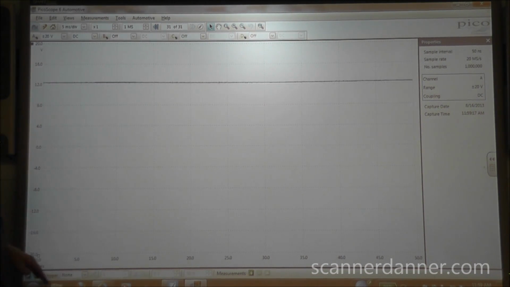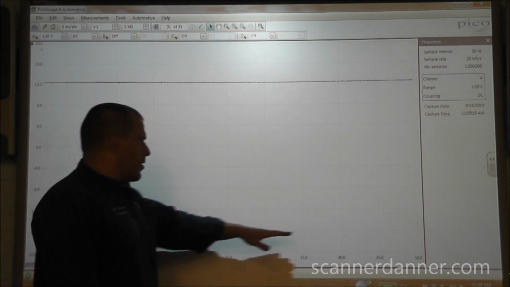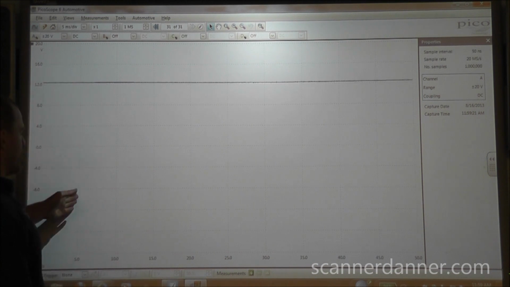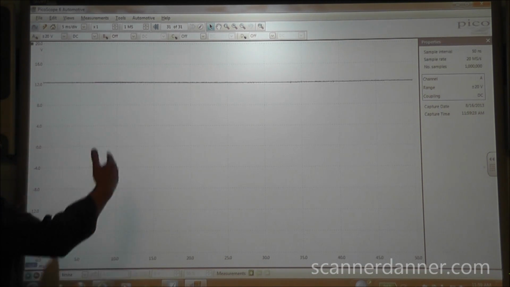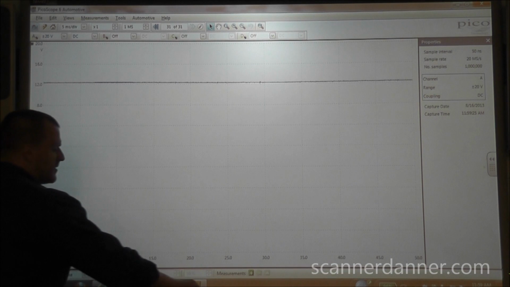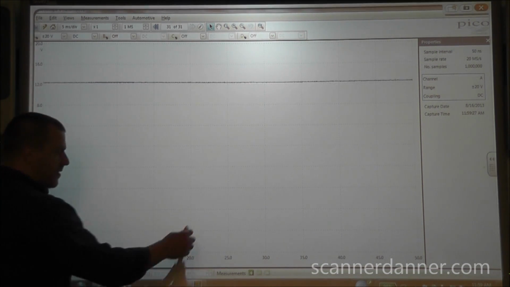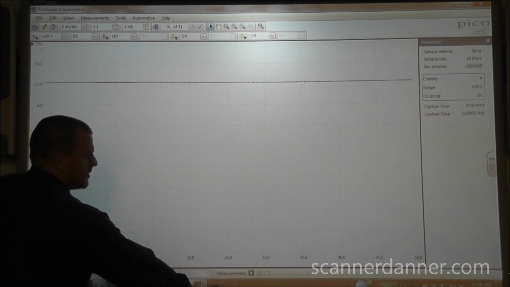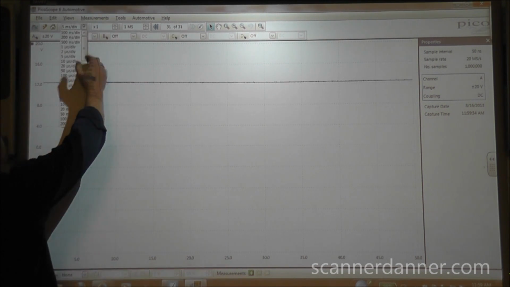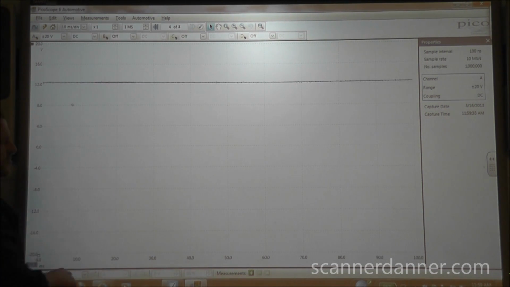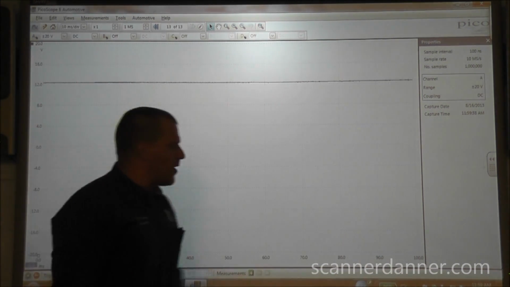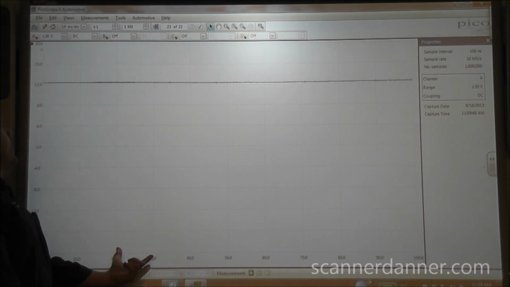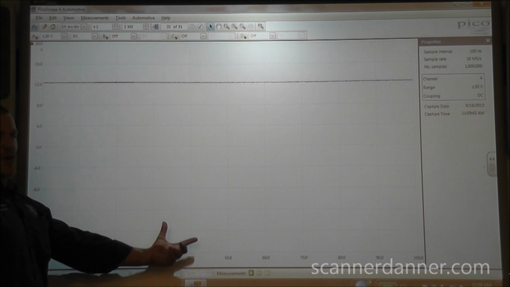Okay, so we looked at our time base, we looked at our voltage, and when you change those, what you're changing is the amount of time or voltage for each block or screen. So if we take our time base and increase it to say 10 milliseconds per division, you see my total screen is now 100 milliseconds, or each block is now 10 milliseconds long.